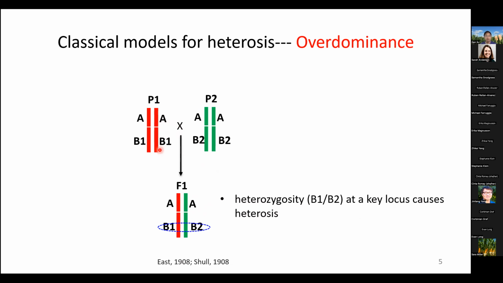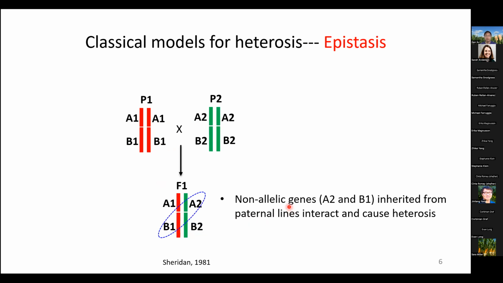But for the second locus, when combined in the F1, only one locus, B1 and B2, at a heterozygous status can cause heterosis. And the third one is the epistasis model. In this model, non-allelic genes interact, like here, A2 will interact with B1 and cause heterosis. These are the three models for explaining heterosis.